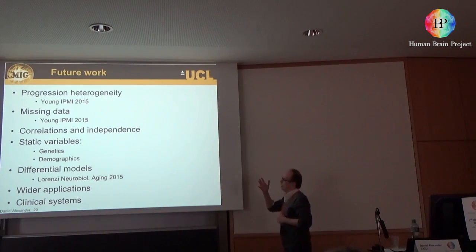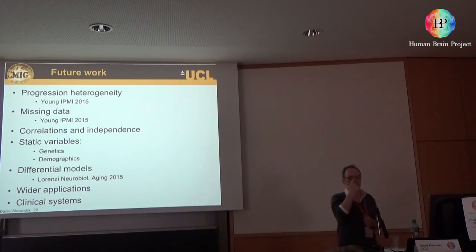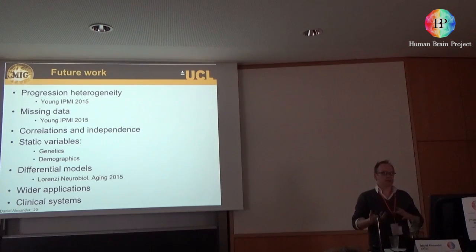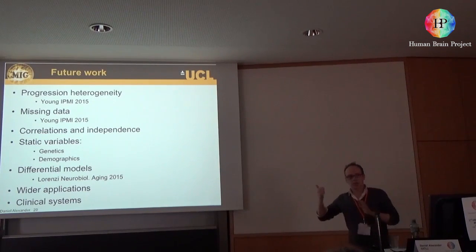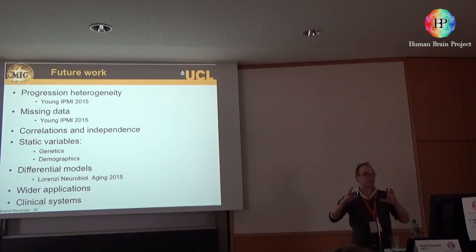Another thing that these ideas lend themselves quite nicely to is getting around the problem of missing data. So, in our first forays into this idea, we had to limit the amount of data we could use to inform the models to ones where every patient had all of the biomarkers that we wanted to model.